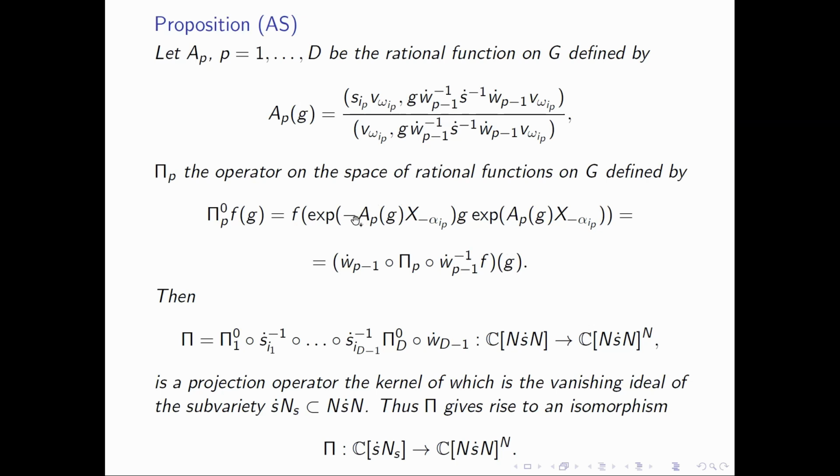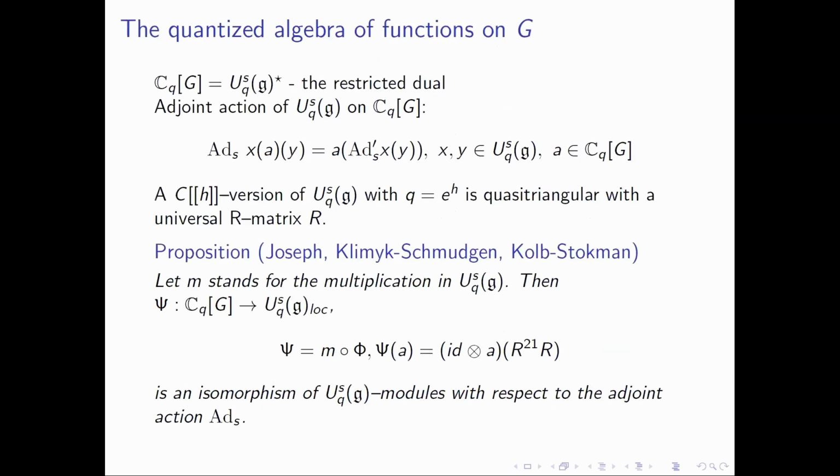And then I also have these divisions a p, which are expressed in terms of matrix elements of finite dimensional irreducible representations. So I need quantum group analogs of operators of multiplication by these divisions. Well, these analogs naturally appear in the restricted or Hopf algebra dual to the quantum group, which is by definition the Hopf algebra generated by matrix elements of finite dimensional representations of U_q(g).